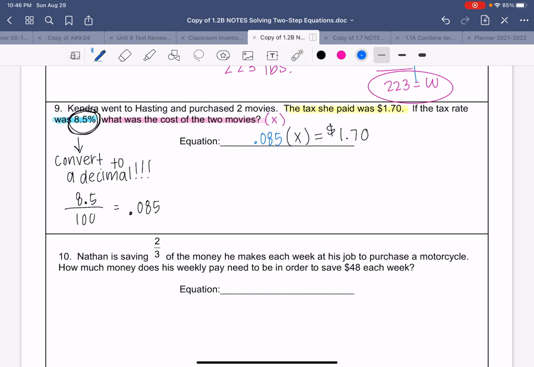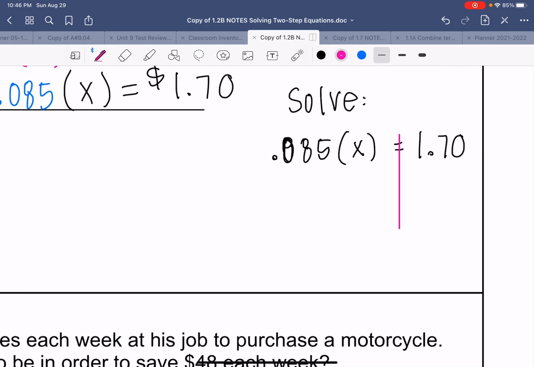So now we need to solve. We have 0.085 times x equals 1.70. I want to get x by itself, so I must undo what's being done to x. Right now it's multiplying, so I need to divide by 0.085.